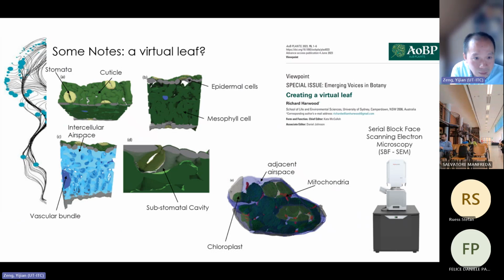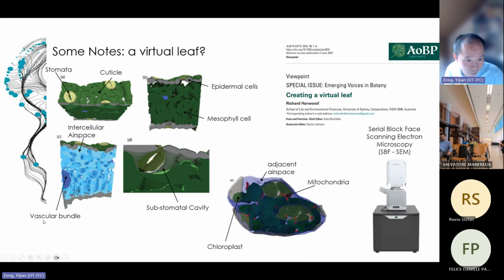In the coming slides, I just have some notes. I'm trying to say that there is technology that can do very high resolution scanning of the leaf structure. For example, we can scan the leaf structure in very high detail, so that the substomatal cavity can be visualized.